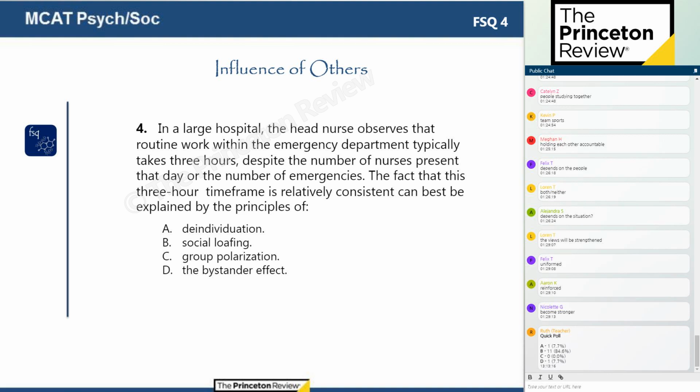So we've got a large hospital where the head nurse sees that routine work within the ER takes 3 hours. Doesn't matter how many nurses are present or the number of emergencies. Always takes 3 hours.